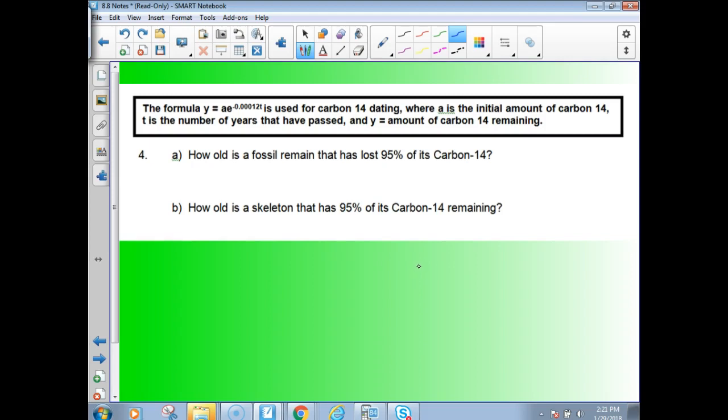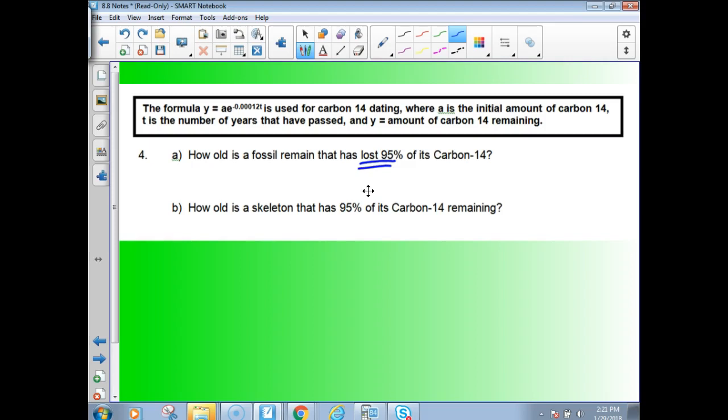It's when you pass, guys, that you start losing your carbon-14. I'm just being a fool.